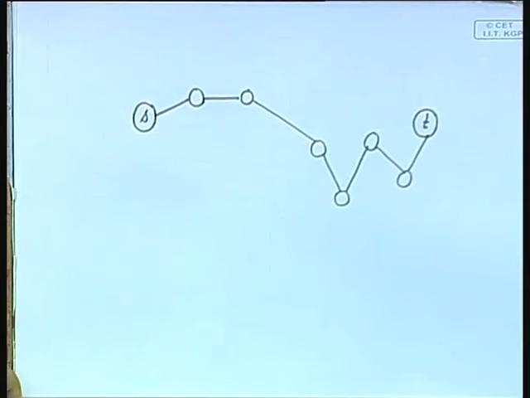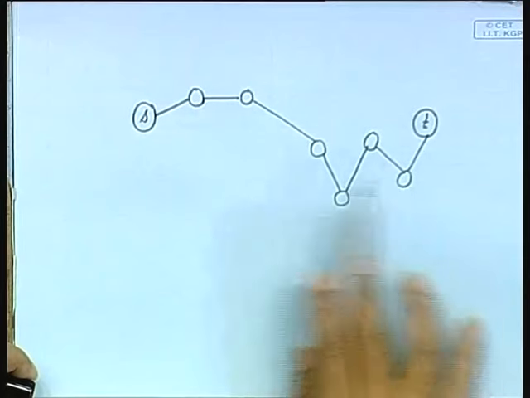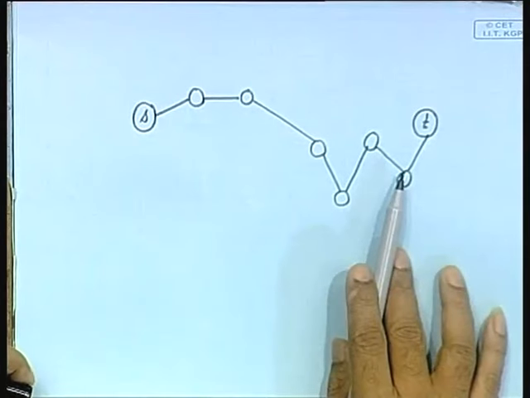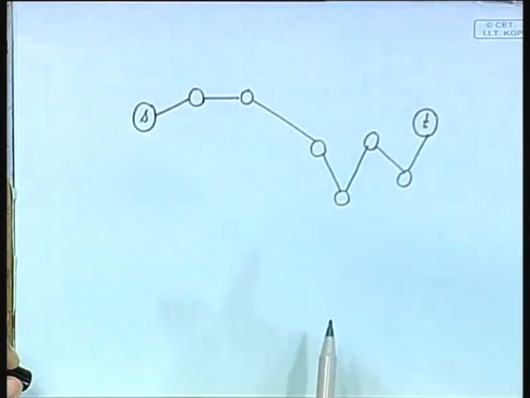Okay. This is the path on the minimum spanning tree from S to T. So, by definition a spanning tree has a path from every node to every other node, and because it is a tree there is only one such path. So, this is the path from S to T in the minimum spanning tree, right.